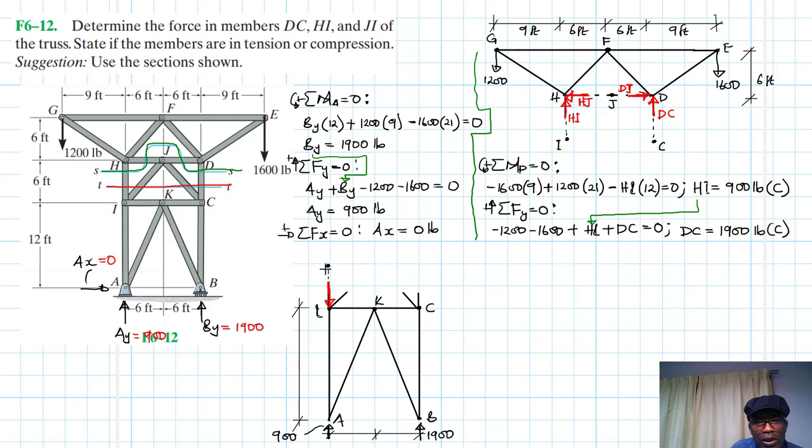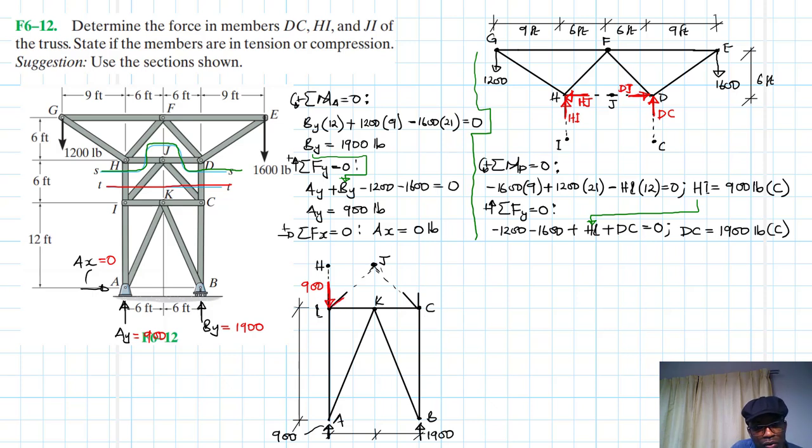This point we are calling H, and also these points meet somewhere. This point here, we are calling J. Great. So we found this force HI, and we said this is equal to 900.